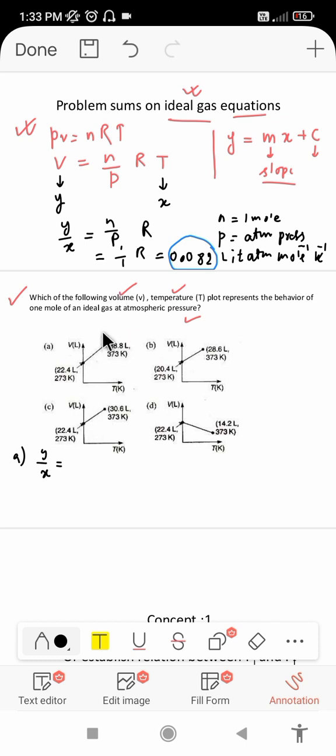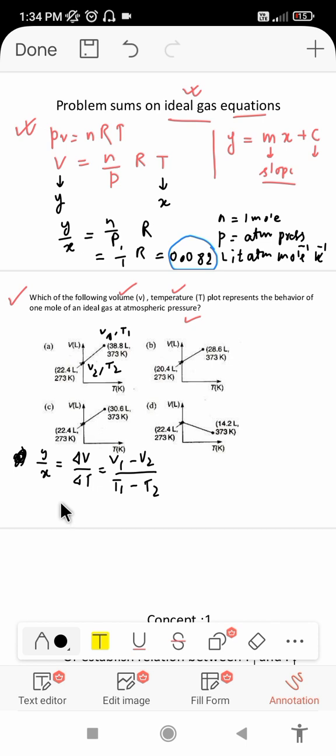Now this one is V1, this one is T1, and let us assume this is V2 and T2. So delta V by delta T, that is V1 minus V2 by T1 minus T2. We'll measure this quantity in all of the options.